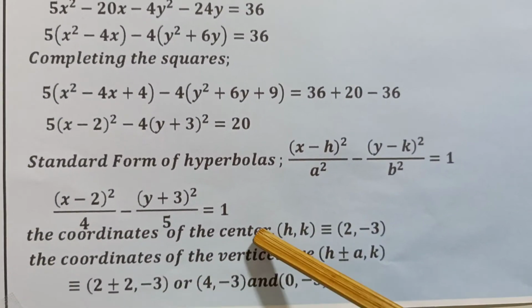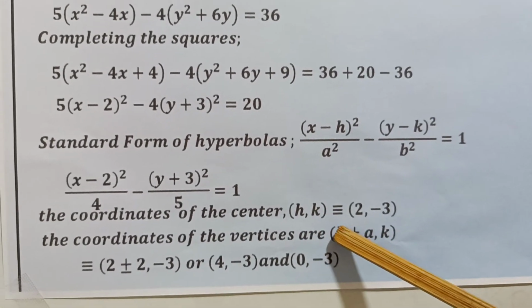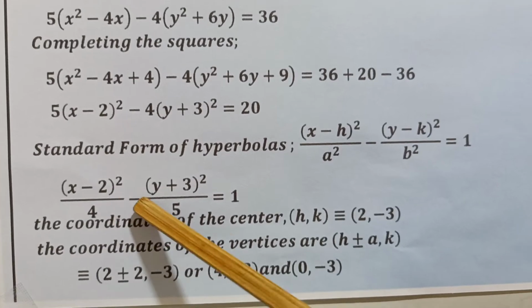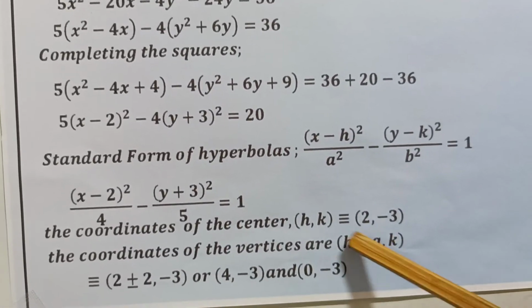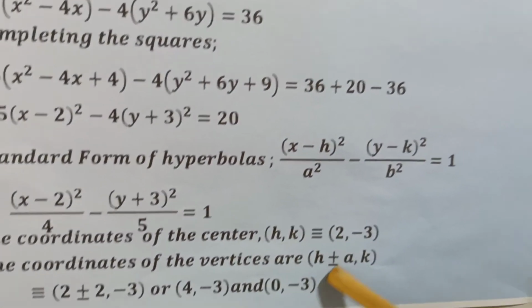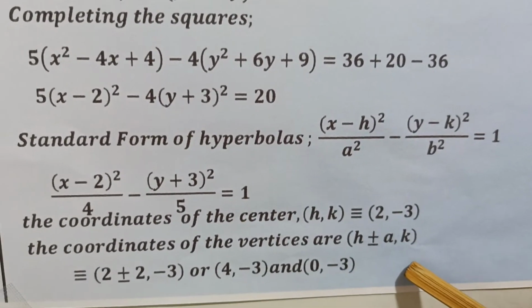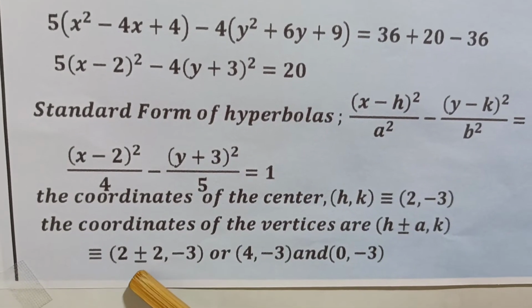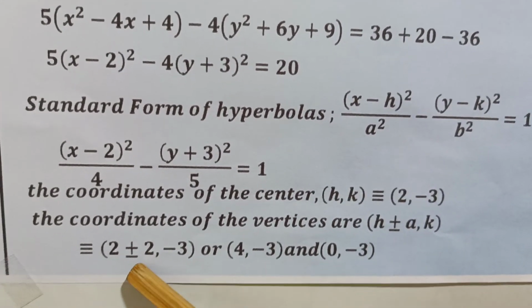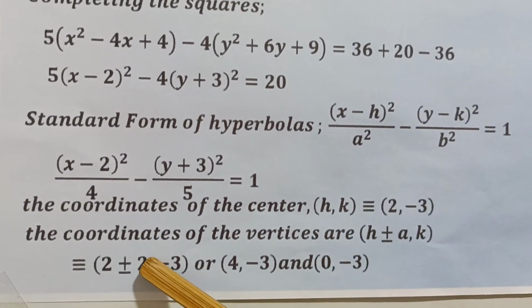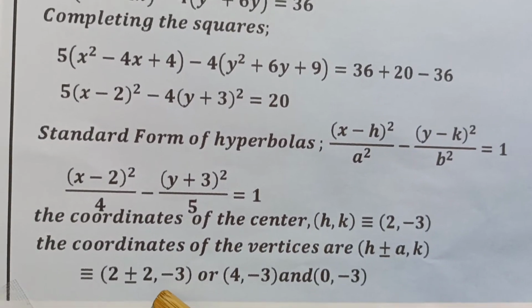The coordinates of the center is also (h, k). So h is 2, and k is negative 3. The coordinates of the vertices are h plus or minus a, comma k. So h is equal to 2 plus or minus 2, comma negative 3.